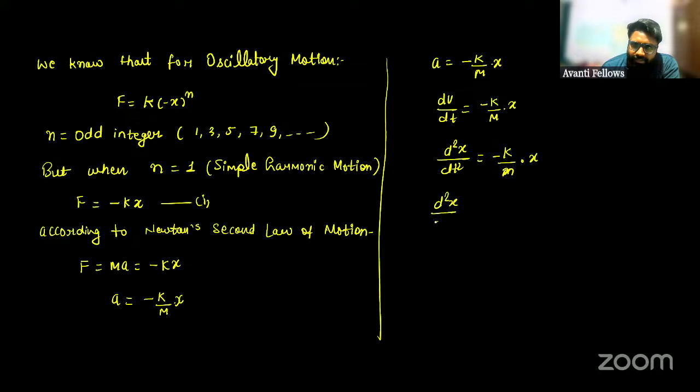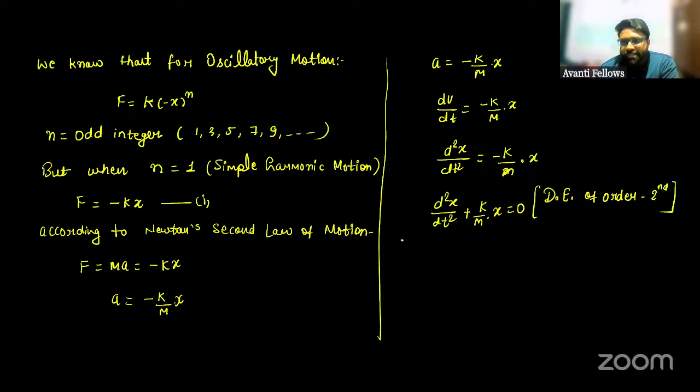This d2x by dt square plus k by m into x. This is the differential equation of degree 2. ठीक है? Of order 2. कितने ऑर्डर की इक्वेशन है? सेकेंड ऑर्डर की.